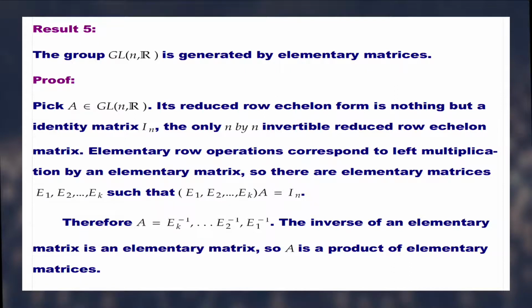Elementary row operations correspond to left multiplication by an elementary matrix. So, there are elementary matrices E1, E2, and so on Ek such that E1 E2 ... Ek A is equal to I_n. Therefore, A is equal to Ek inverse ... E2 inverse E1 inverse. The inverse of an elementary matrix is an elementary matrix. So, A is a product of elementary matrices.